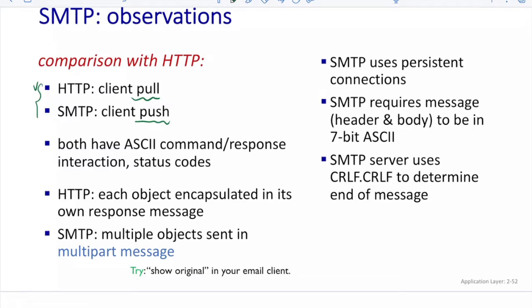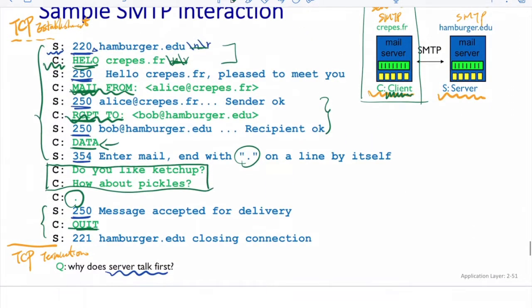For HTTP, each object is encapsulated in its own response message. But SMTP has a very specific structure, as you can see right here.